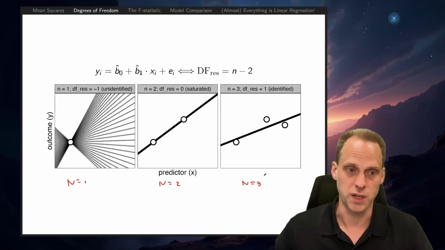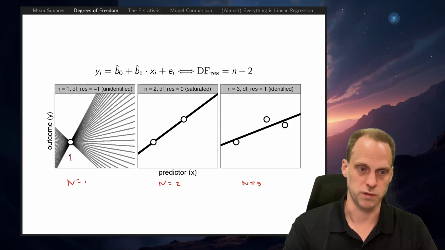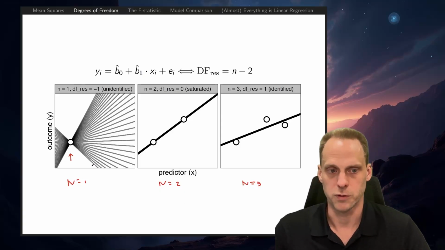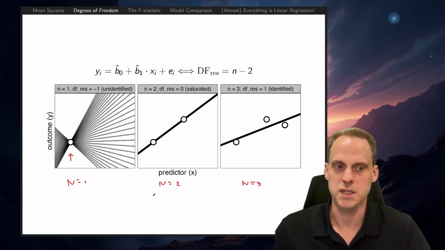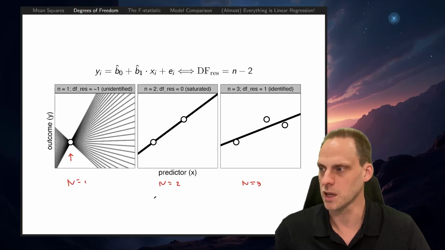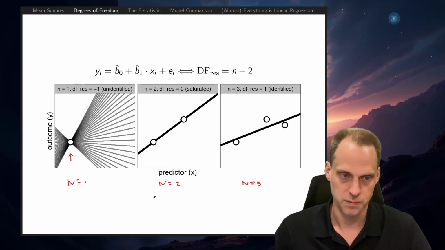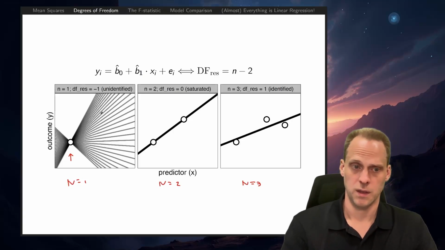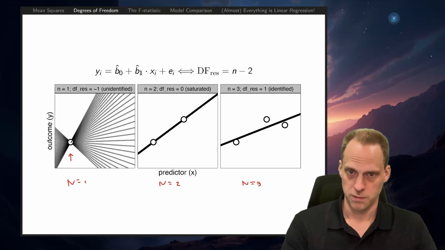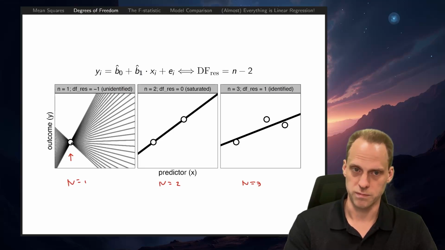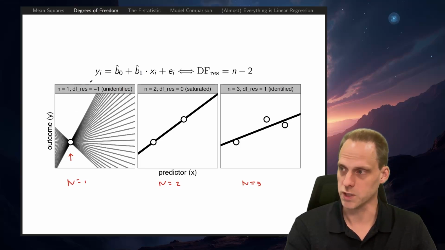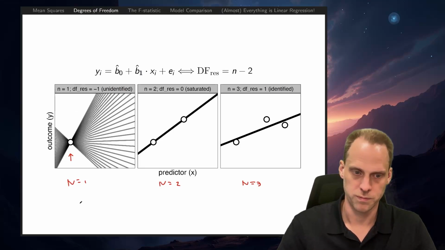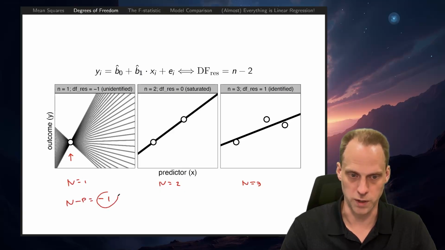So what happens here? Well, first this looks extremely weird. I drew only a few possible lines, but actually now there are infinitely many lines possible. So we now have 2 parameters and we only have 1 data point. That means that the residual degrees of freedom associated with this model are n minus p equals minus 1.